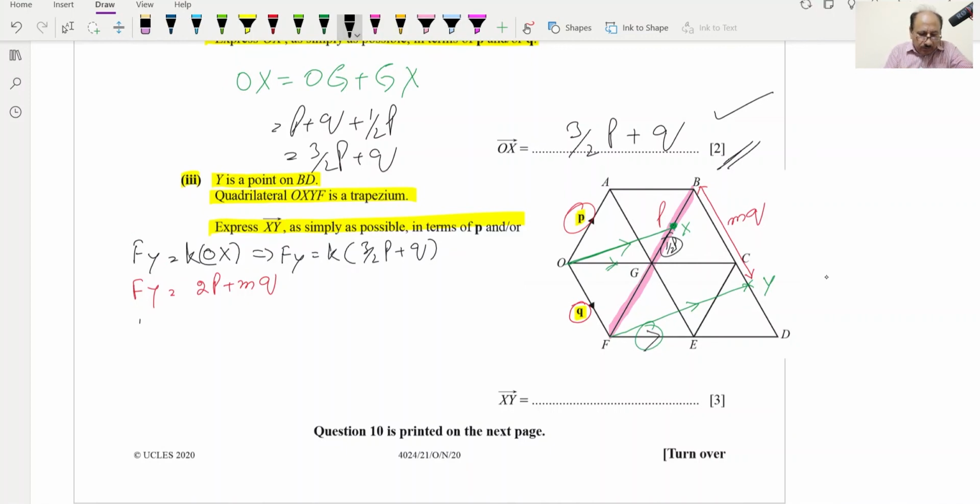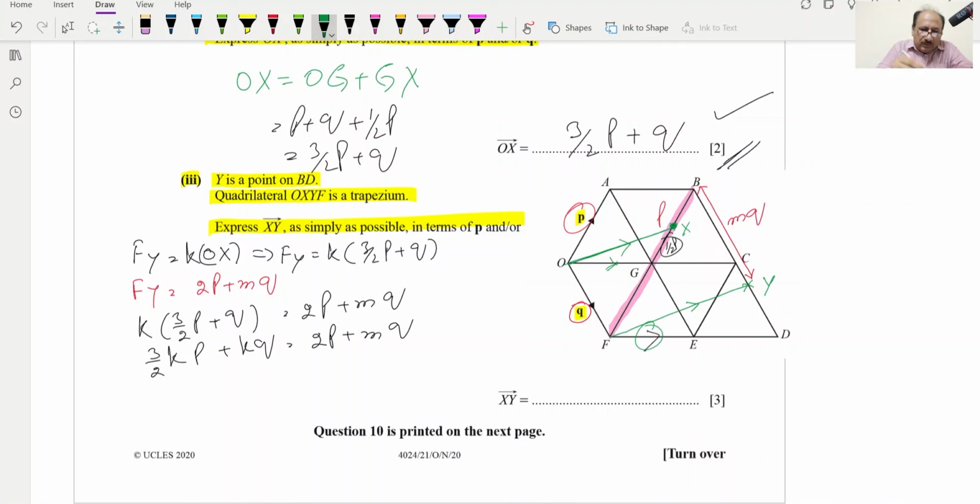So our equation will be k into 3 by 2P plus Q is equal to 2P plus mQ. If we open this bracket, we will get 3 by 2 kP plus kQ is equal to 2P plus mQ.